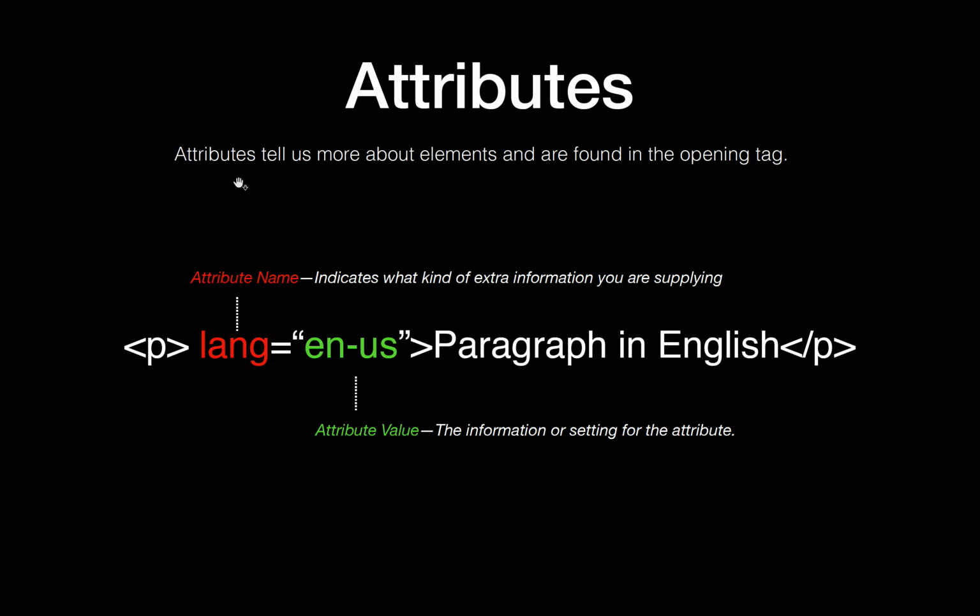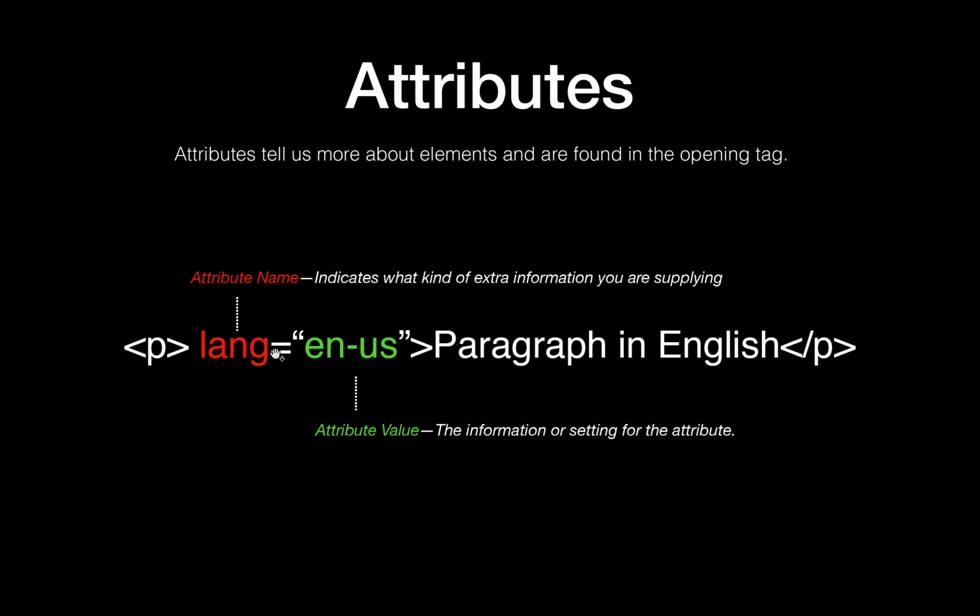All right, so attributes tell us more about elements that are found in the opening tag. So you might see, for example, if you download a template, you might see this type of information. So the attribute tells you that there's more information about the element itself. Okay, so we have the attribute name. For example, here we have language. This indicates what kind of extra information you're supplying about the element.